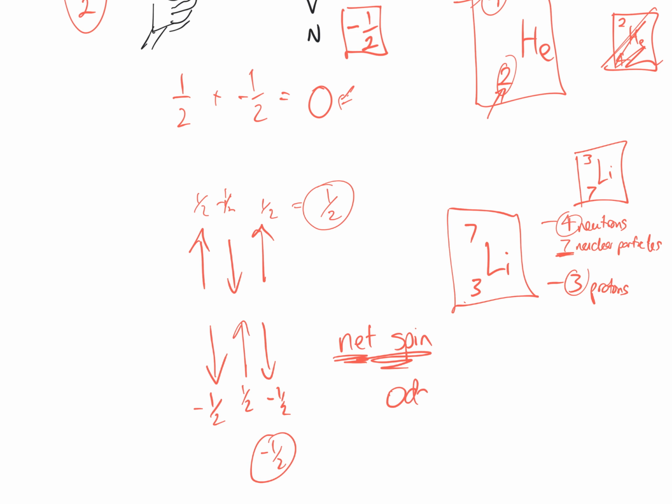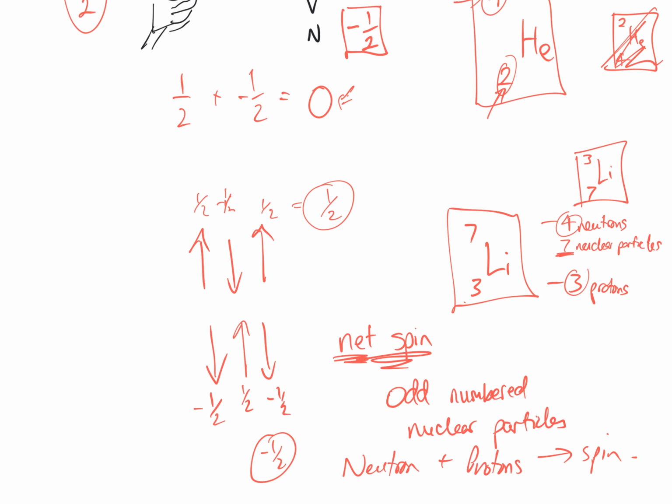We have that with odd numbers of nuclear particles. Neutrons and protons can both contribute to spin. But overall, for a particle to have spin, it must have that odd number of nuclear particles.